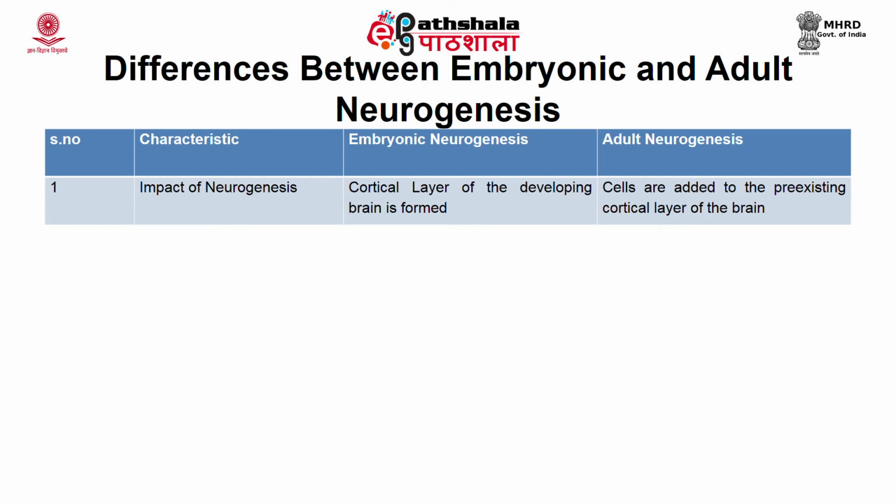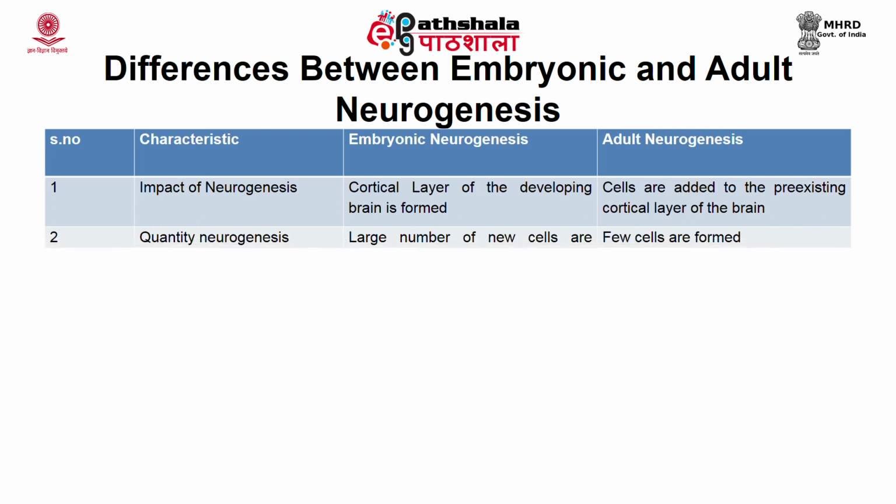So, that means that in the embryonic neurogenesis we are in fact laying down new layers, whereas in the adult neurogenesis we are adding cells to the pre-existing layers. If we look at the quantity of neurogenesis, then in the embryonic neurogenesis the number of cells formed is large, whereas in the adult neurogenesis there are very few cells formed.